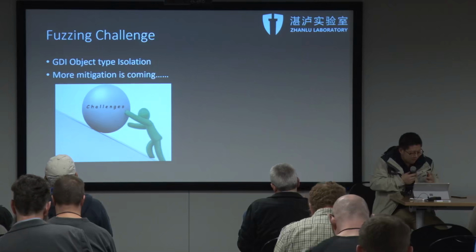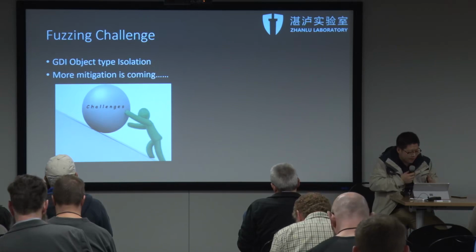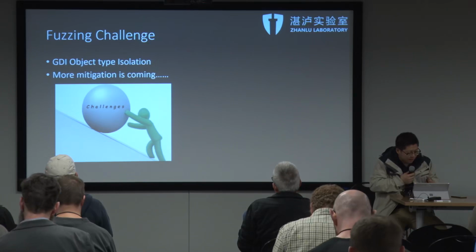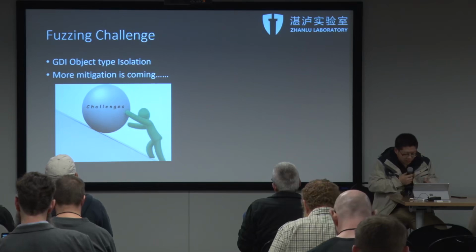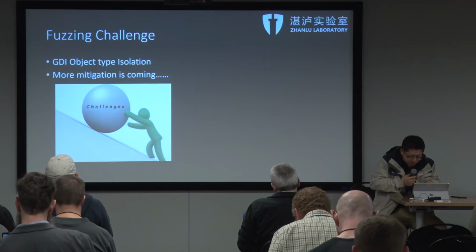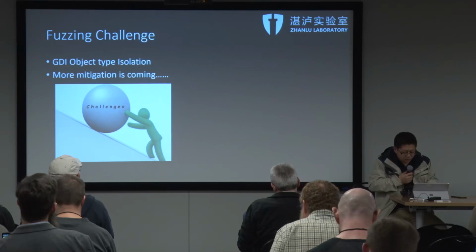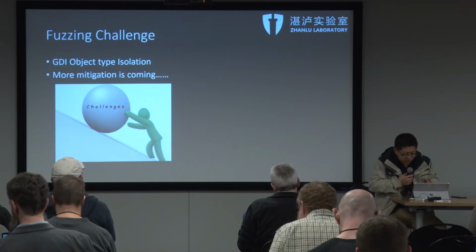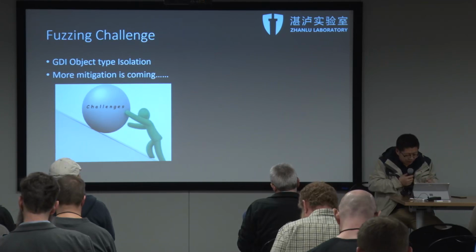Here is the fuzzing challenge. The GDI object type isolation and more mitigations are coming. The next part I will introduce the difficulties faced during the fuzz process on Windows 10.